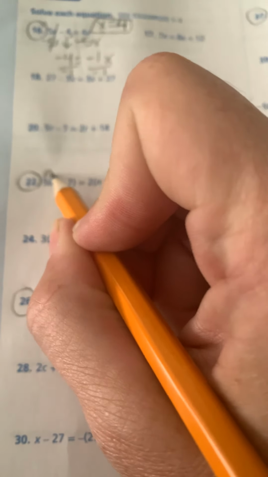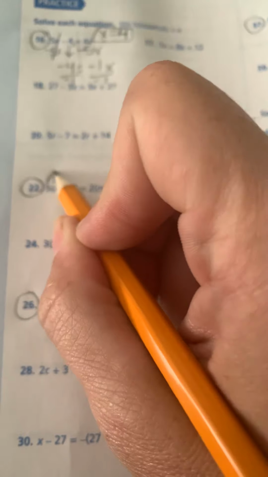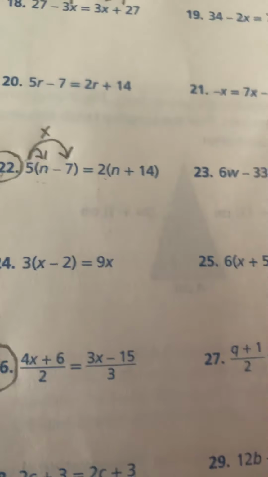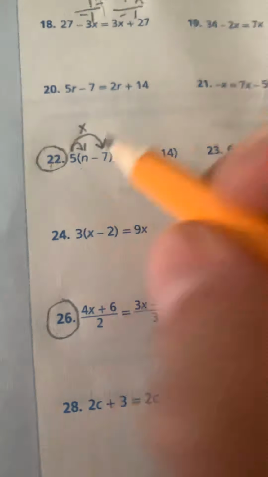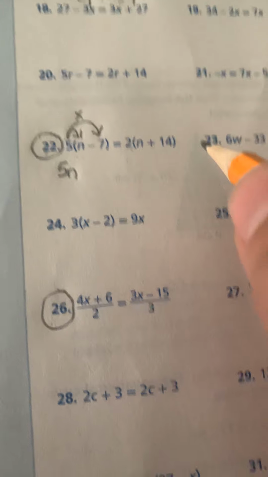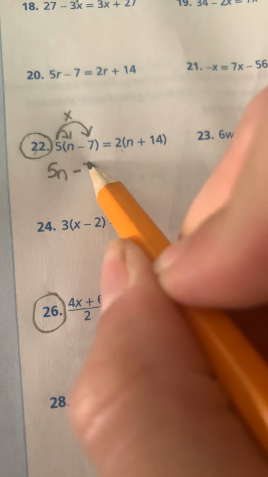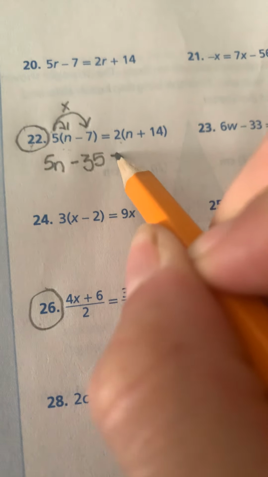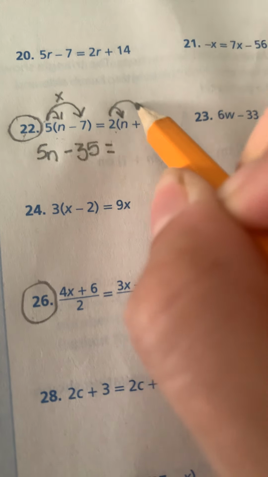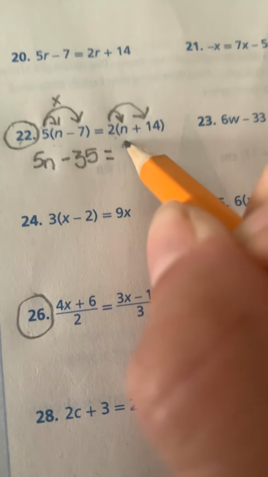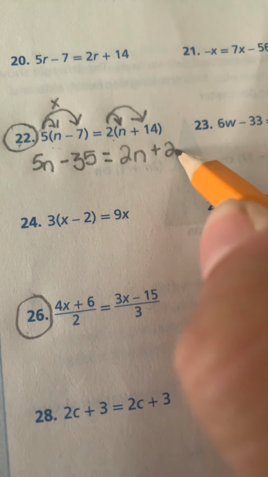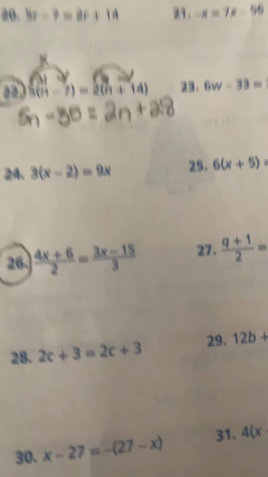So I do 5 times n and 5 times negative 7. And 5 times n is 5n. 5 times negative 7 is negative 35. And on the other side, I do the same thing. 2 times n is 2n, and 2 times 14 is positive 28.